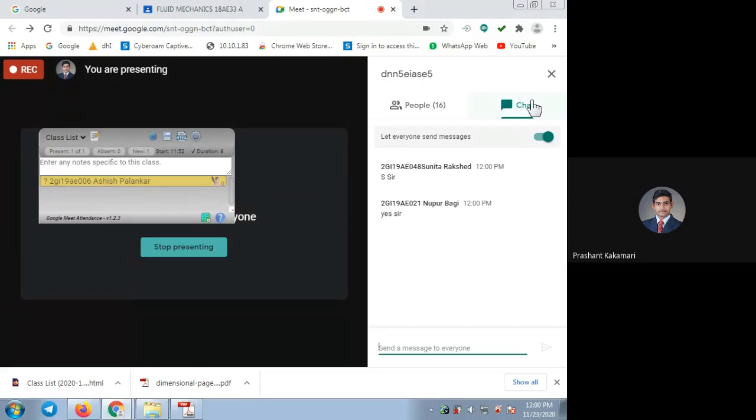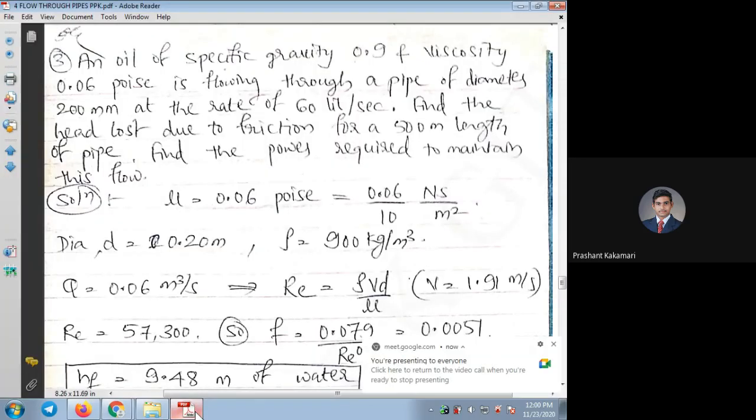Okay, coming to the next type of problems on the Darcy-Weisbach equation and other concepts. Using those concepts, we are solving the problems. Next, we'll take the third problem: an oil of specific gravity 0.9 and viscosity 0.06 poise is flowing.